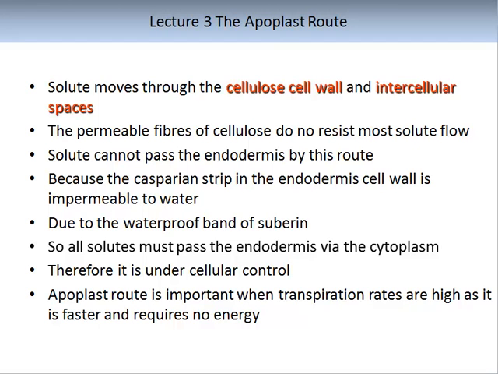The solute cannot pass the endodermis by this route, because the Casparian strip in the endodermis cell wall is impermeable to water, due to the waterproof band of the compound suberin. So all solutes must pass the endodermis via the cytoplasm. Therefore, we say it is under cellular control. ATPase route is important when transpiration rates are high, as it is faster and requires no energy.